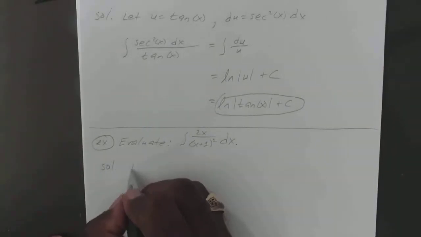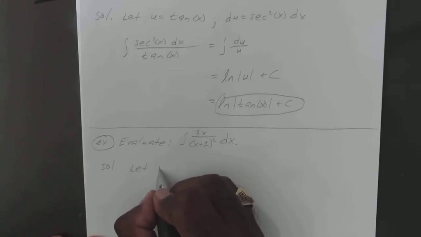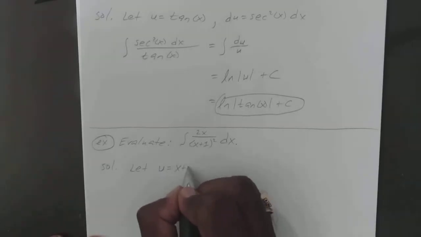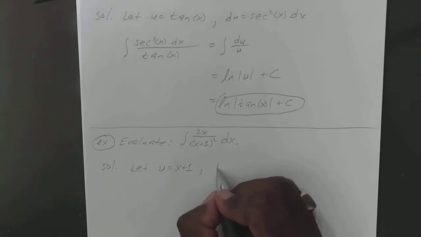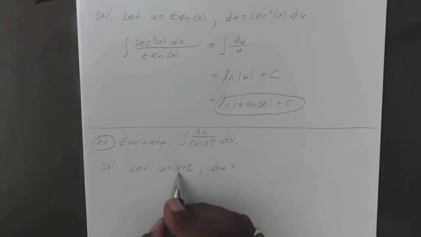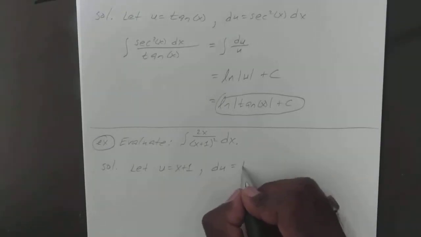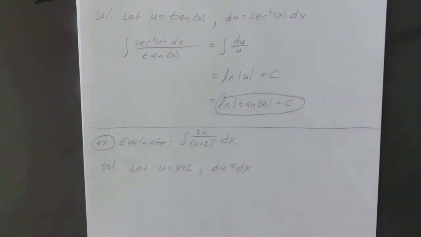Okay. Now in this case, we're going to let u equal x plus 1. Which means the derivative of u is going to equal 1 dx, or just dx.